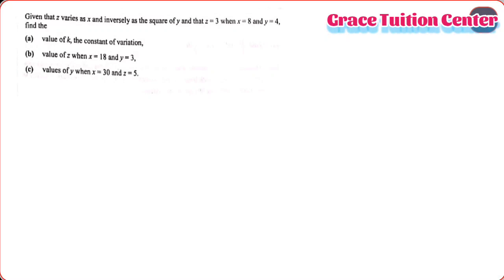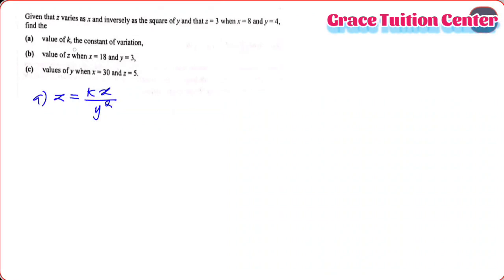So to get the value of k, just like we've done with the other questions, all we have to do here is first generate the formula. We say z is equal to, so it varies as x, so that is direct, so you say kx over, and inversely as the square of y, so we say y squared.